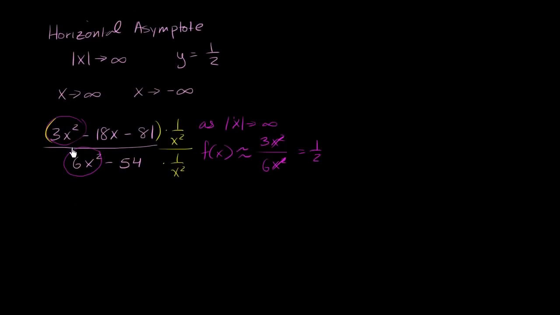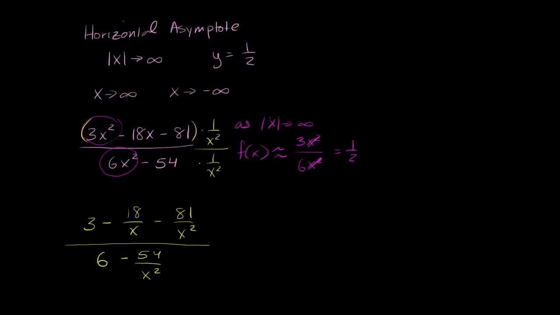And so in our numerator, 3x squared divided by x squared is going to be 3 minus 18 over x minus 81 over x squared, and then all of that over 6x squared times 1 over x squared, that's just going to be 6, and then minus 54 over x squared. So what's going to happen?